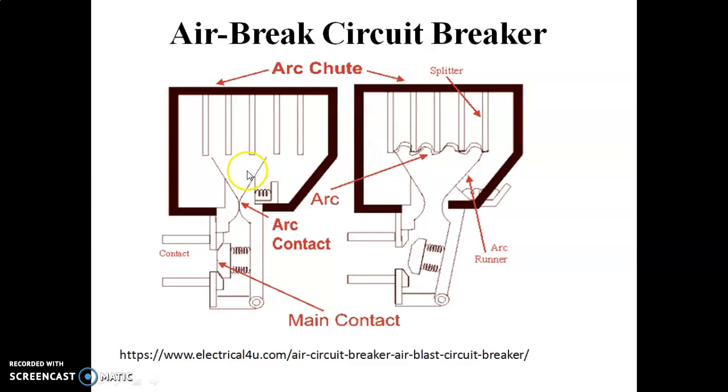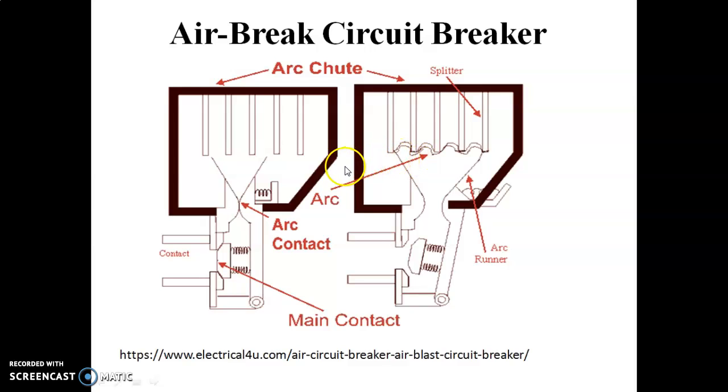The arc interruption is associated with the current only. We have to make the current zero in the case of an AC circuit breaker. High resistance is obtained, and the current nearly becomes zero. AC air brake circuit breakers are available in the voltage range of around 400 volts to 12 kilovolts.